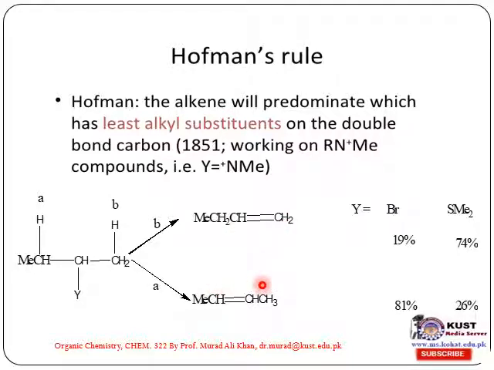This one is more stable as compared to this one. But if Y is bromine, the less stable will be 19% and the more stable will be 81%.